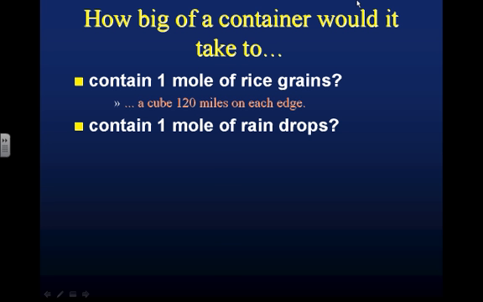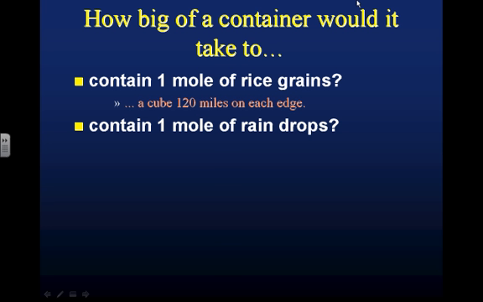So how about to contain 1 mole of raindrops? I'll tell you this: it's going to be a 30 meter diameter tank. 30 meter diameter is probably from here to halfway into the lab. How high would it have to be? 3 miles? A mole of raindrops. Every raindrop.